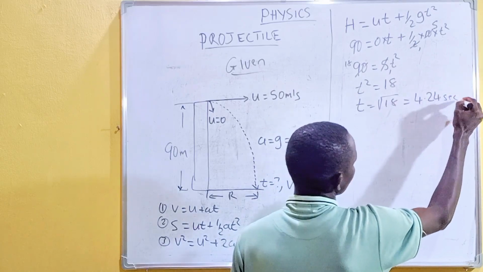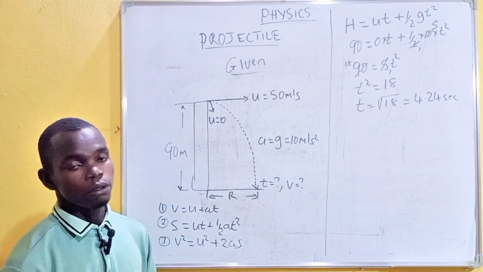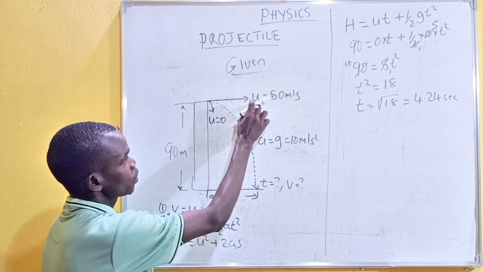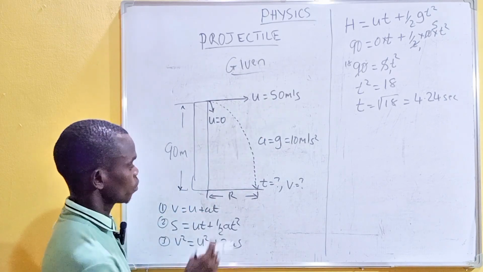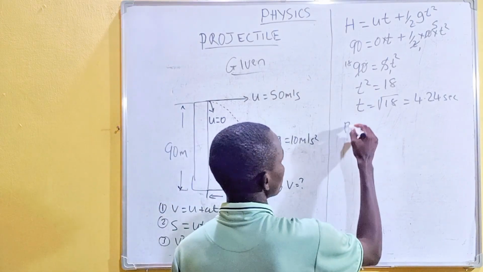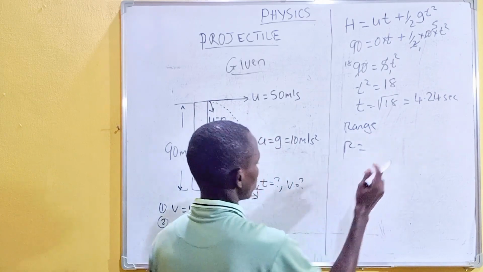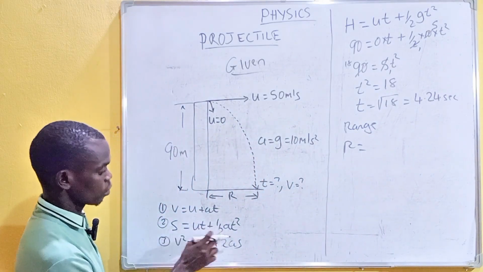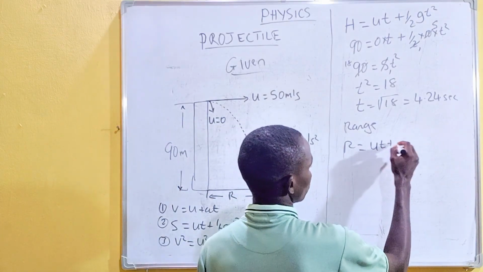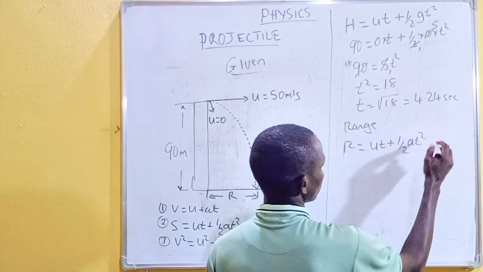4.24 seconds. For us to find our range, I told you earlier that we only make use of the horizontal velocity when considering the range. So, for range, we use the same equation of motion, which is ut plus 1 over 2 at squared.